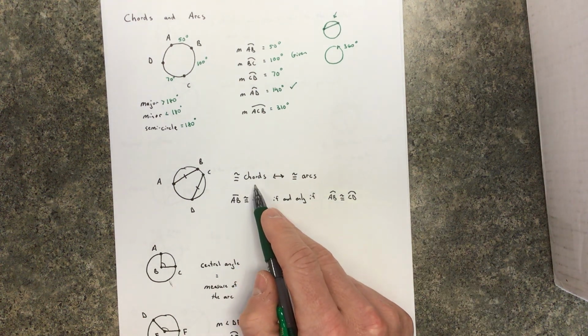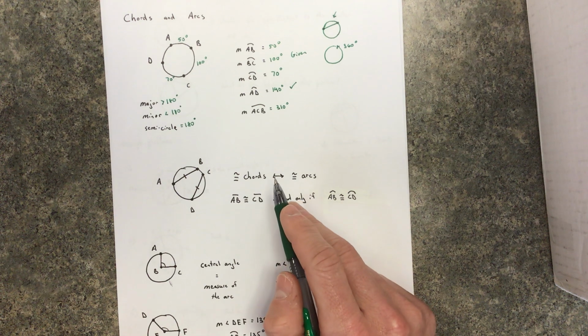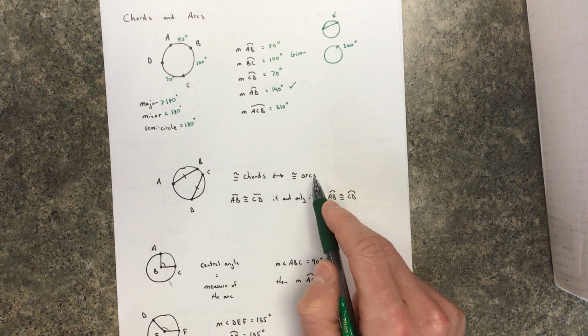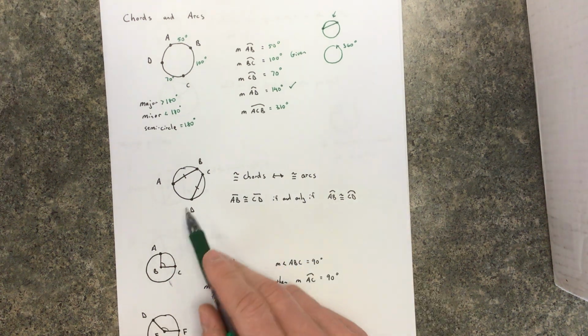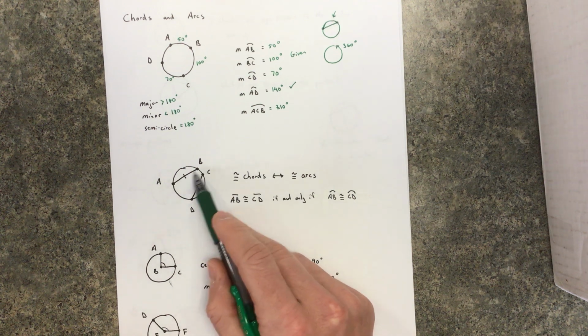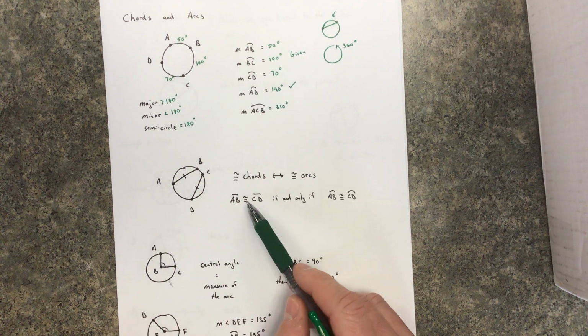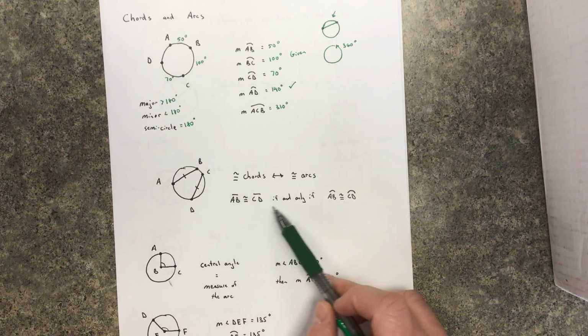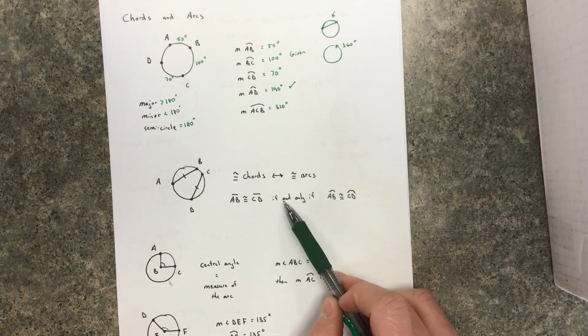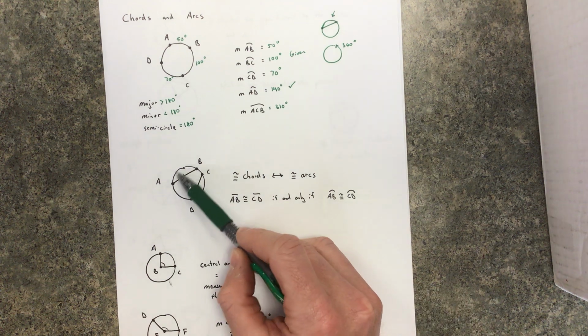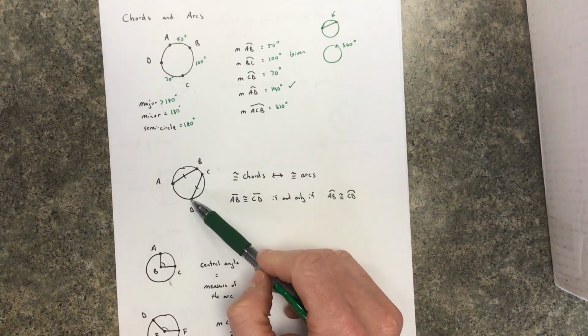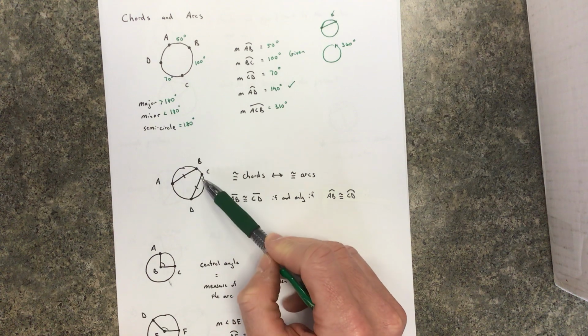All right, this is the theorem. Congruent chords if and only if congruent arcs. So if you're given a picture like this and you are given that this chord AB and this chord CD are congruent, that's only true if and only if, right, a biconditional, if arc AB and arc CD are the same.